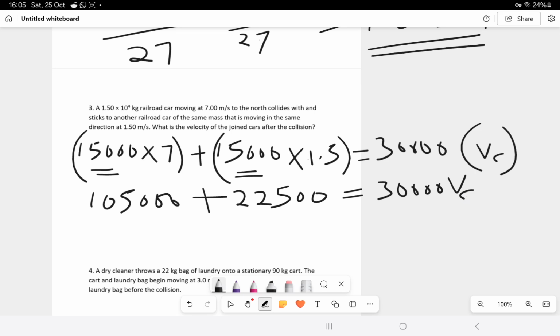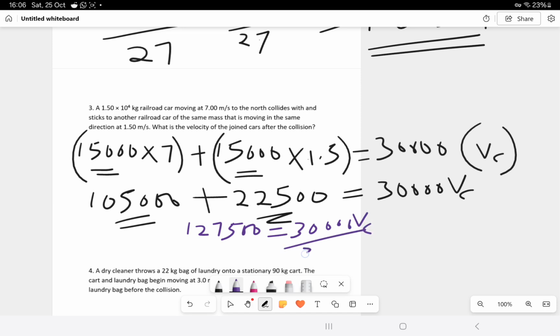Adding the two parts, 105,000 plus 22,500, you get 127,500, which is equal to 30,000 VC.